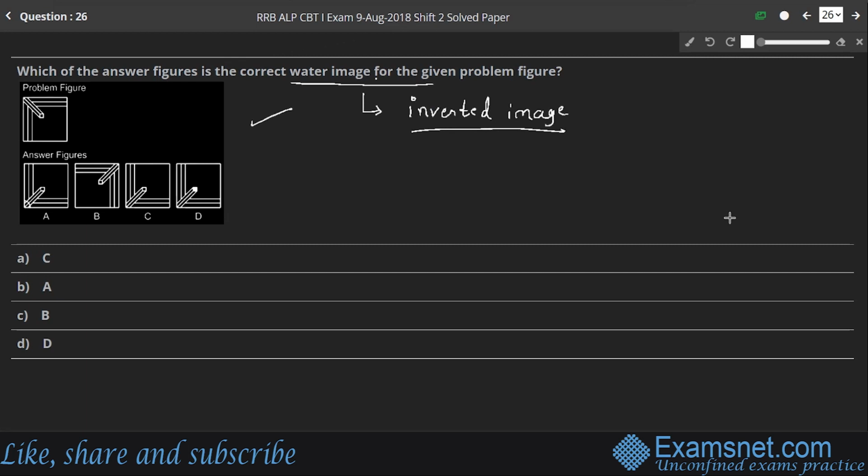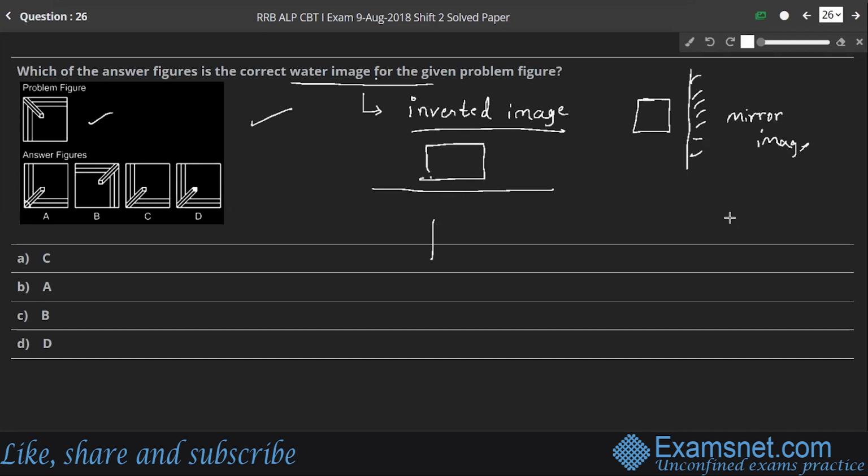For example, when an object is placed in front of a mirror, you will get a mirror image. Here for the given problem figure, water image means its image will be inverted. It is upside down of the given problem figure.